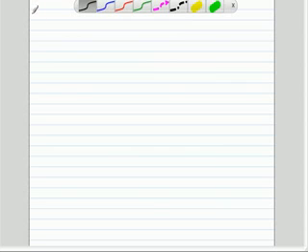Now let's see if I can look at another one. If we go down to 34, it is negative x squared plus 4x plus 21.